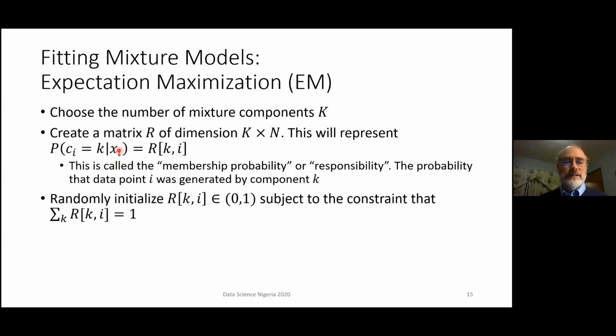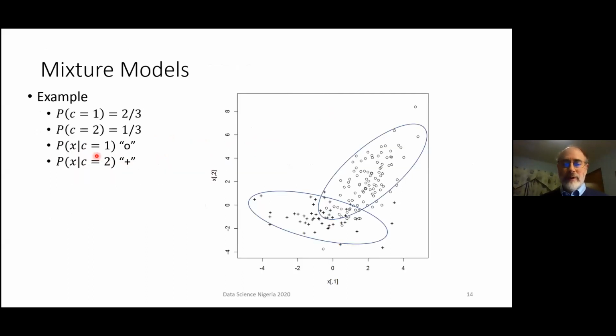So for a point Xi, what's the probability that it came from cluster K? If we come back here and consider one of these points here, the probability that it came from this cluster versus this cluster is probably about 50-50, right? But for a point that's over here, it's more likely to have a higher responsibility of having come from this cluster than from this one.